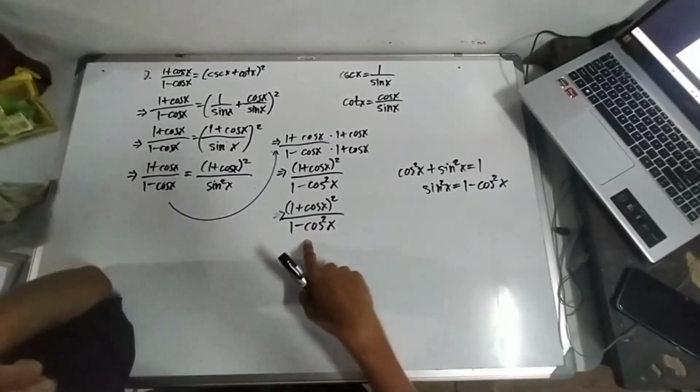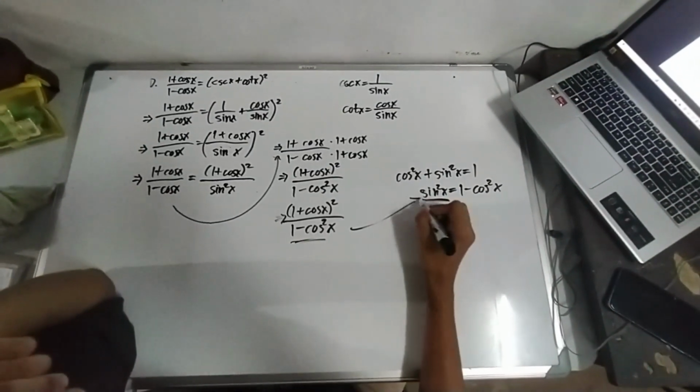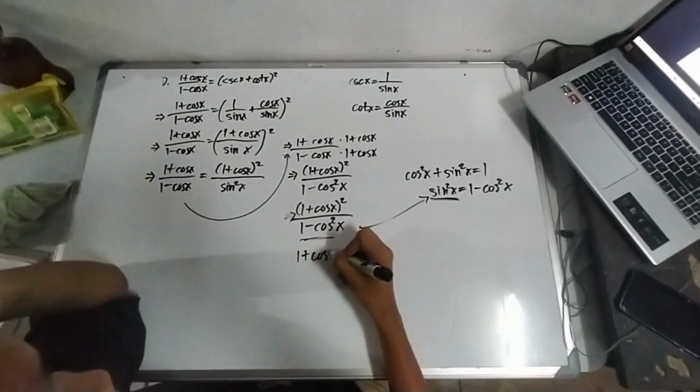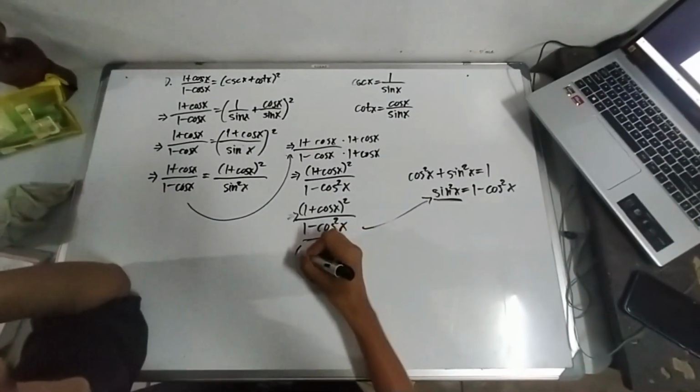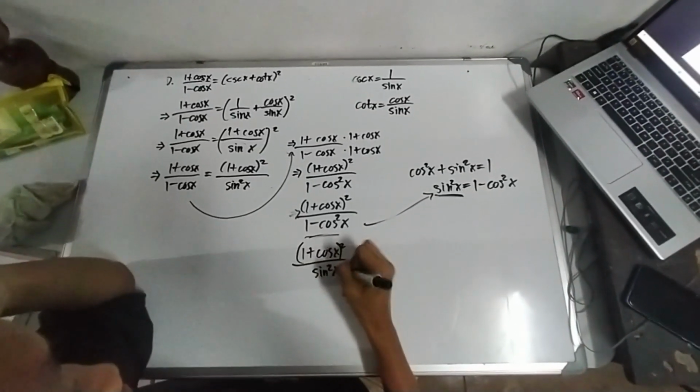Since this is equal to this, we will substitute it. So (1 plus cos x) squared over sine squared x.